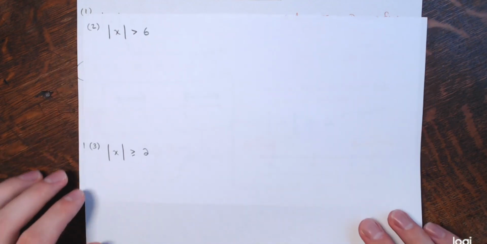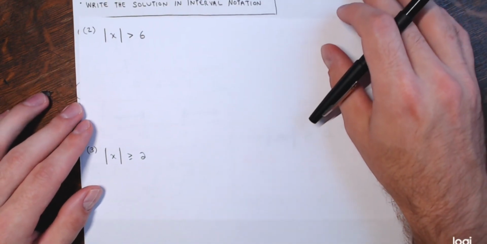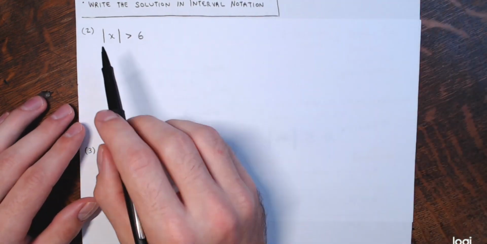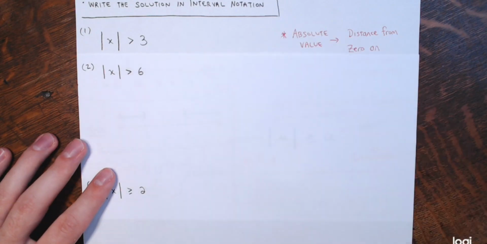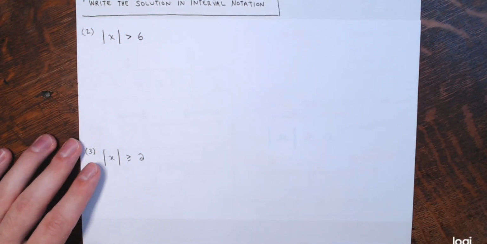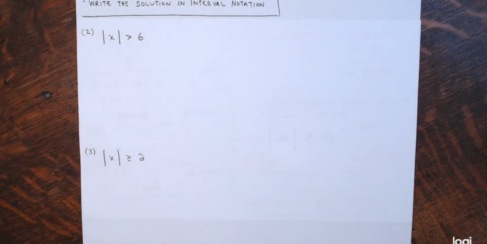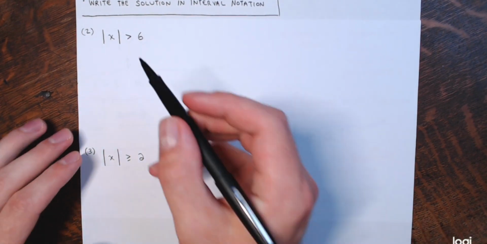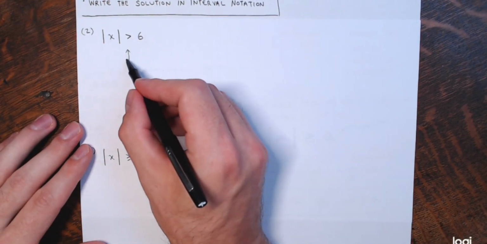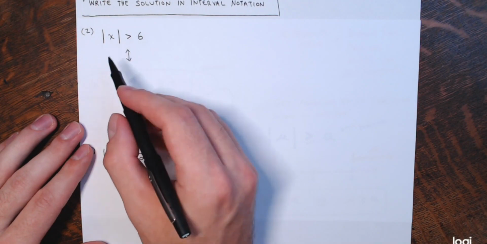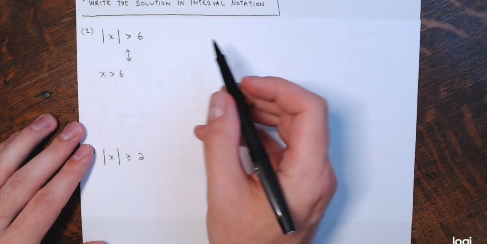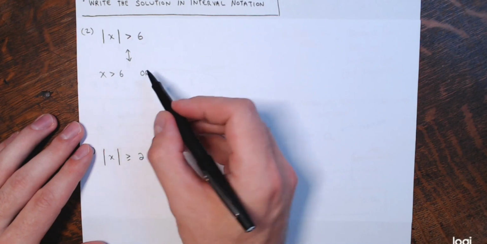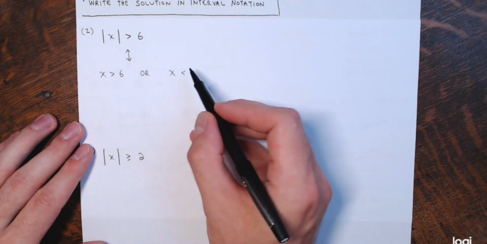All right. So this example 2 is pretty much like example 1, but instead of 3 you have 6. Right? So the absolute value of x is greater than 6. Well, the equivalent compound inequality, right? This will be true if x is greater than 6, to the right of 6, or if x were less than -6.